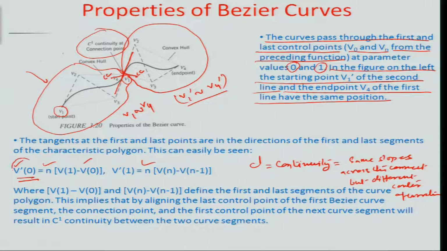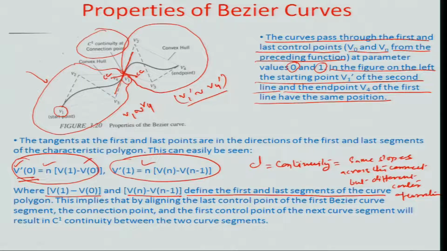I am going to prove this expression in the next subsequent slide. Okay, and v dash 1 is actually equal to, again, n times vn minus vn minus 1, where v1 minus v0 and vn minus vn minus 1 define the first and the last segments of the curve polygon.